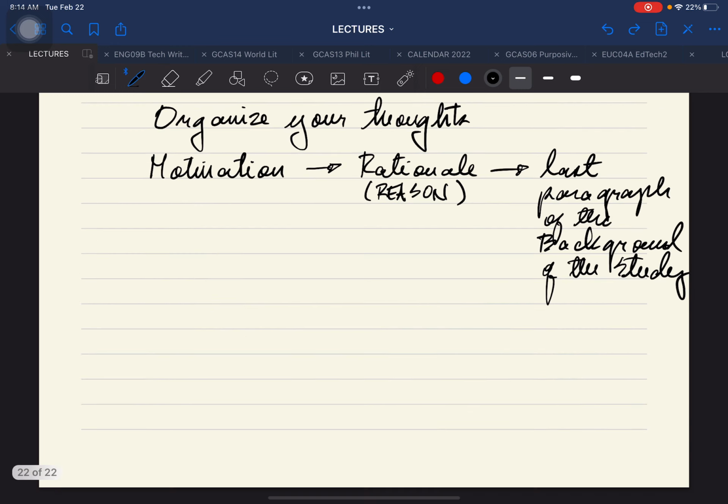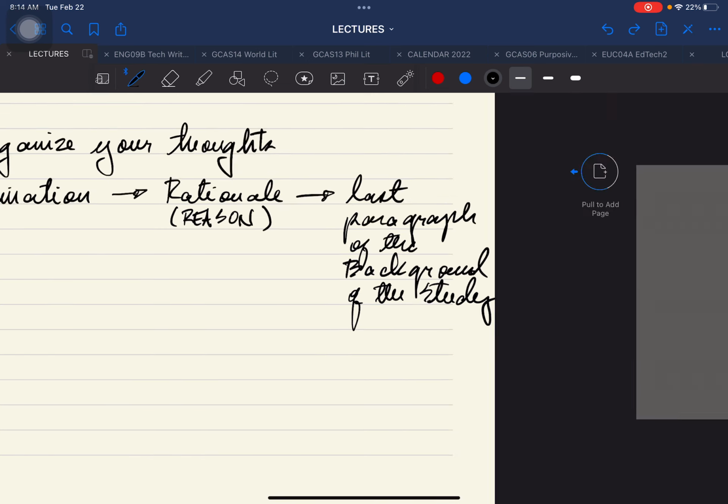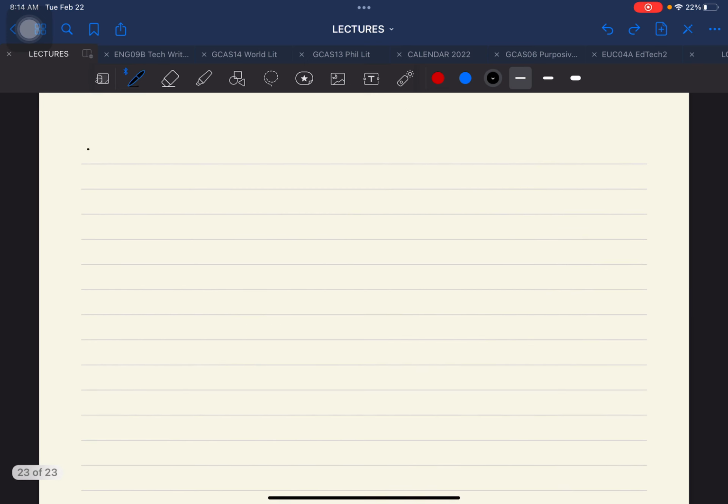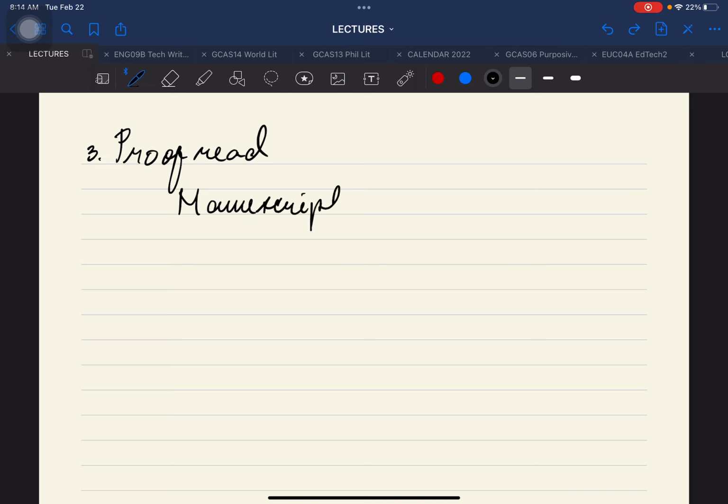Okay, the third step, let's start with a new page, is proofreading. So you proofread your manuscript. There are small, minuscule errors that will still be seen in your manuscript during your actual defense.